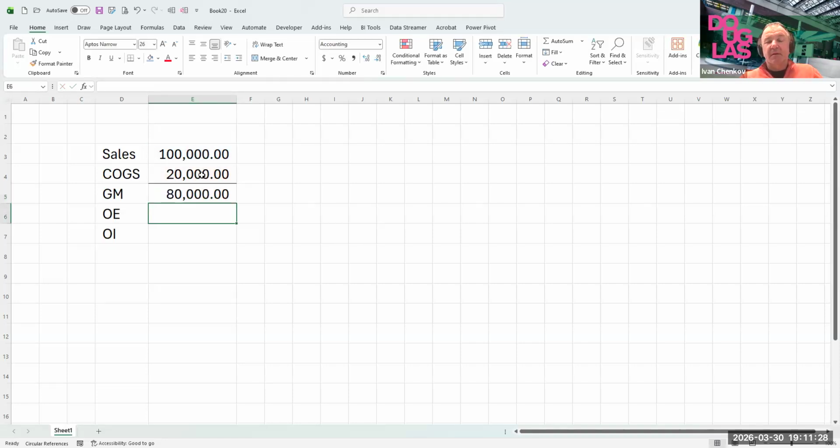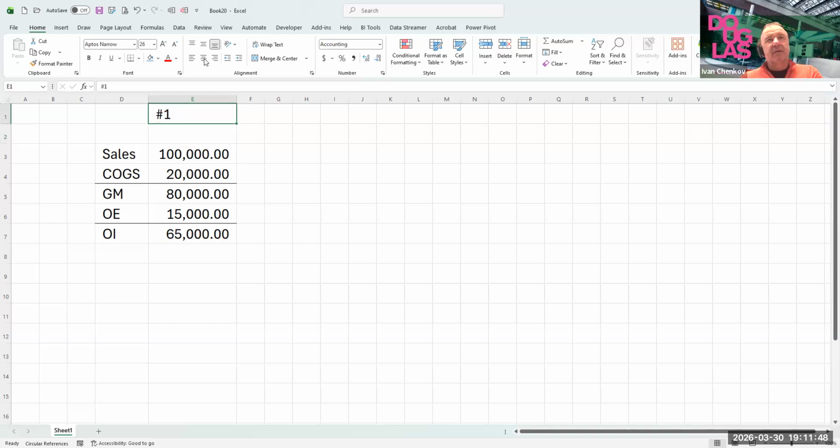Operating expense, let's say another 15,000. And this company ends up with an operating income of $65,000. Well, that's one company. Let's label it company number one.